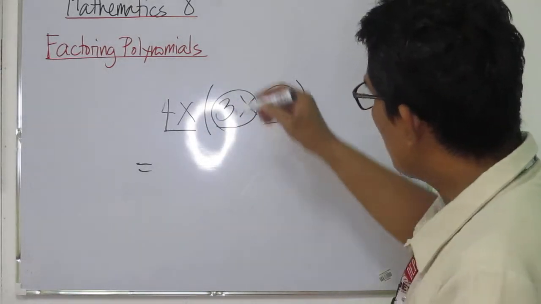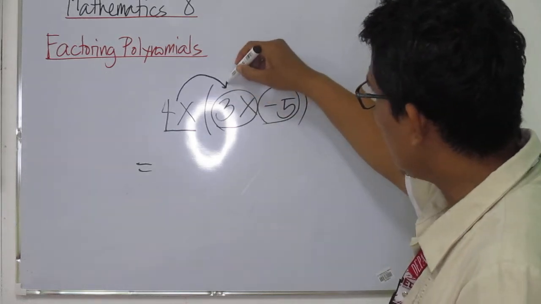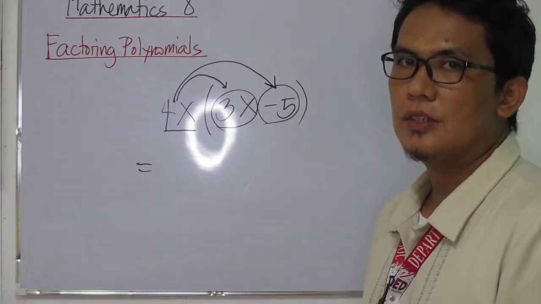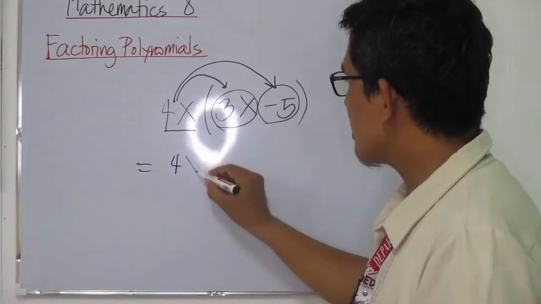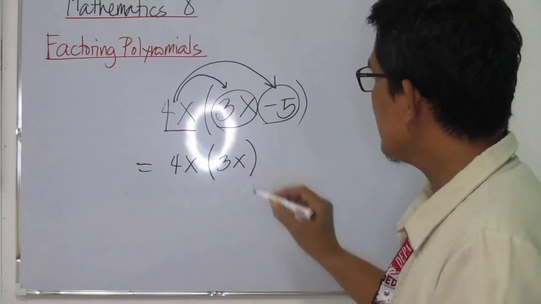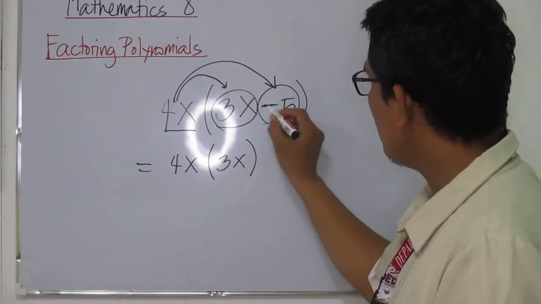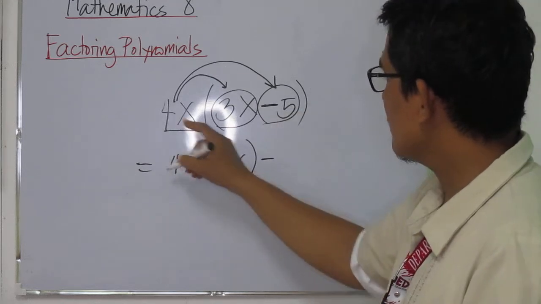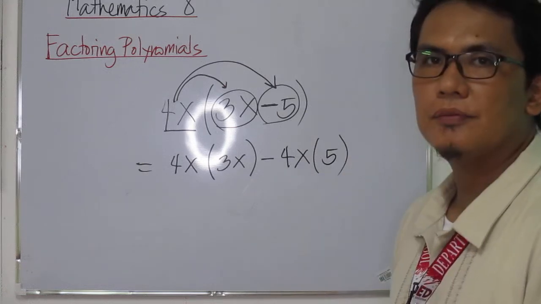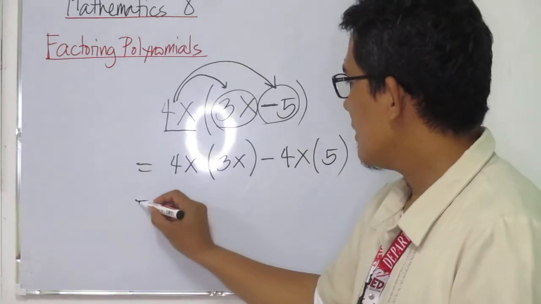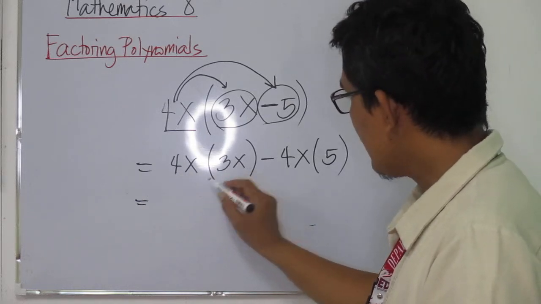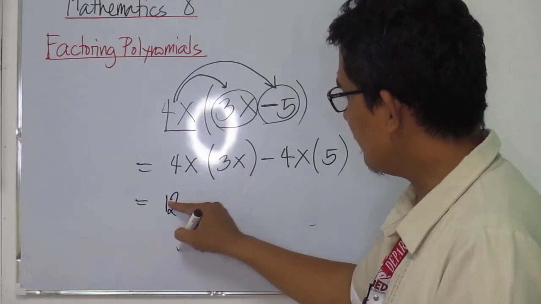So what we're going to do is multiply 4x to our 3x, then multiply 4x to our negative 5. In doing so, that becomes 4x times 3x, then we have our operation minus 4x times 5. Then we simplify. 4 times 3 is 12.